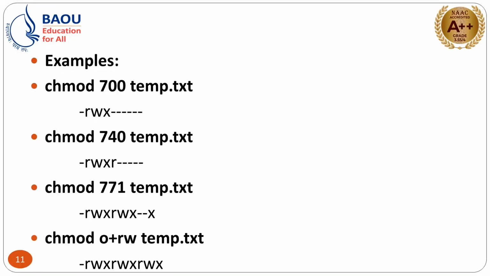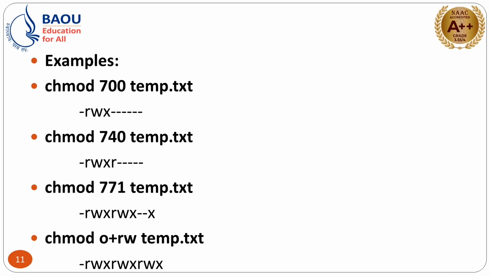If you don't want to use the octal number system, you have another alternative: you can use letters. If you want to assign or remove permission for the owner, you can use U. If you want to assign or remove permission for the group, you can use the letter G. And if you want to assign or remove permission for the other user, you can use O, right?